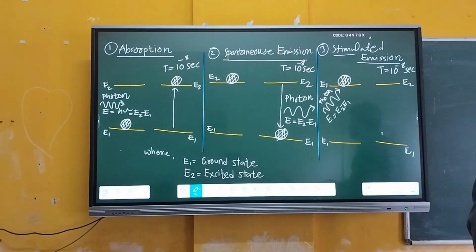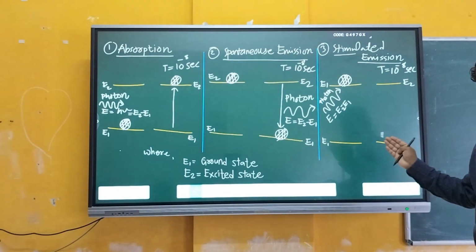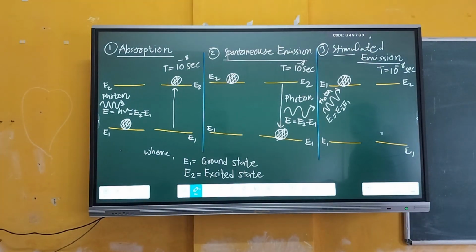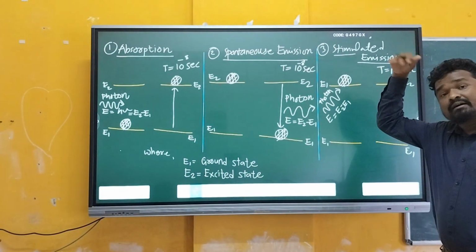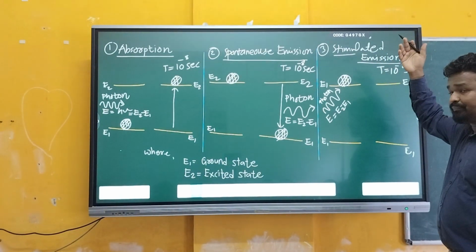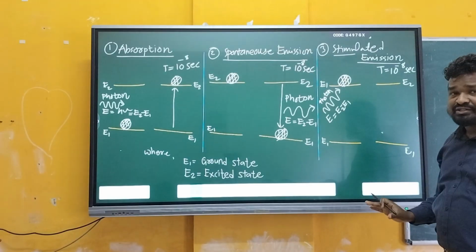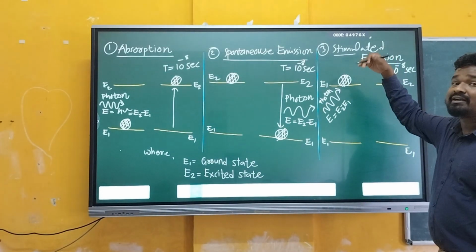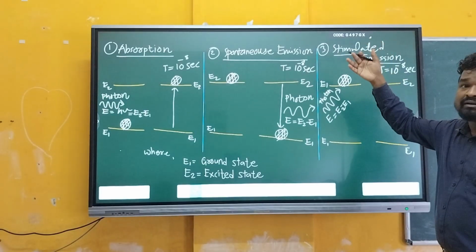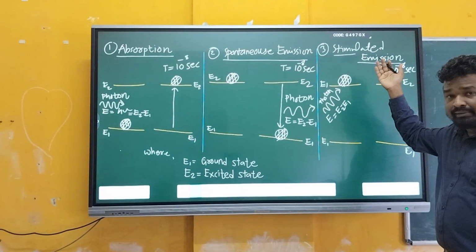Both are identical. Both have similar energy. Now, there is a chance that the electron will go to the upper states, but the energy is not matched. This energy of the photon does not match the gap of any other upper energy state.